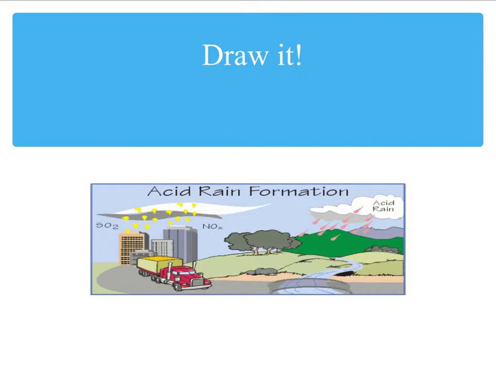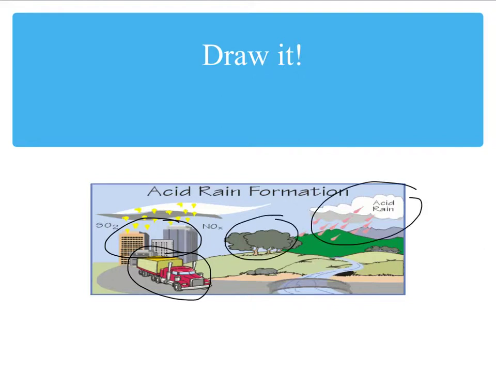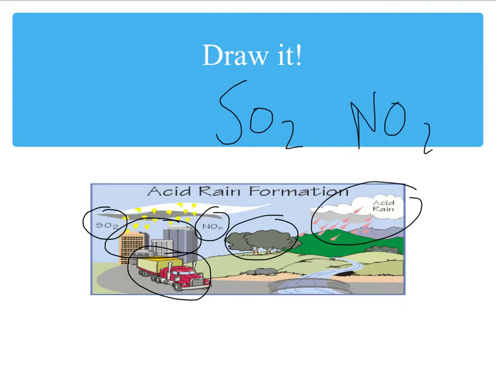If you're not much of a drawer, it's pretty easy. You can draw a truck first, some buildings, a tree, some rain. Make sure you have these two gases in the air: sulfur oxide, S for sulfur, O for oxygen, and also nitrous oxide, N for nitrogen, O for oxygen.